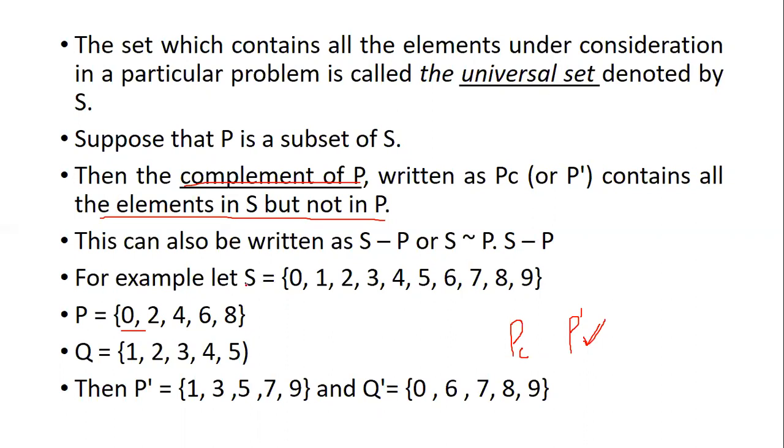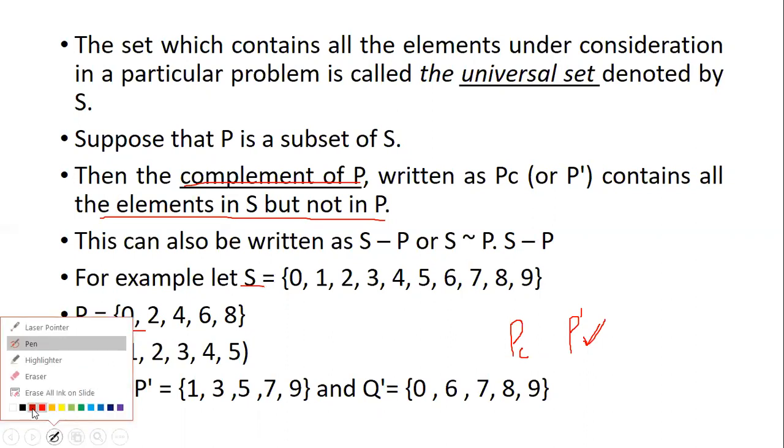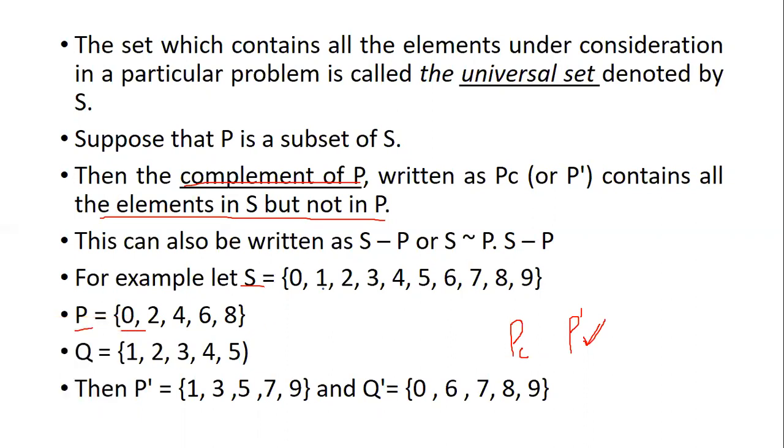We are comparing set S and set P. While comparing, 0 is already present in P, so we are not taking that 0. Now apart from 0, what is missing here? 1 was there in S, that is not in P.